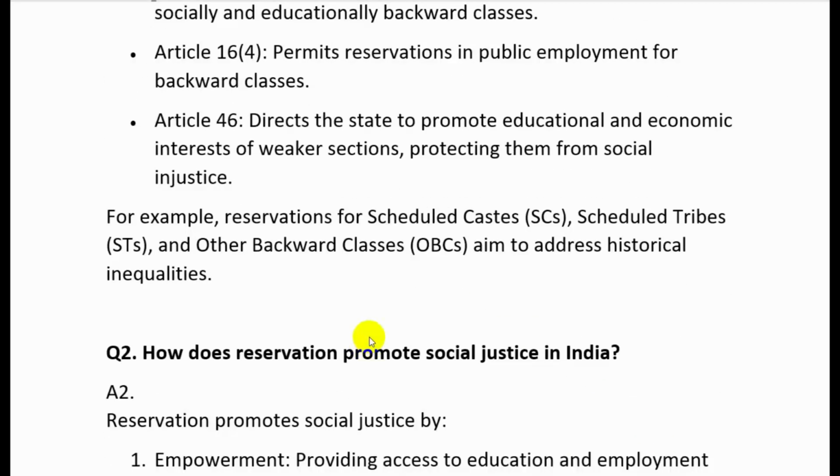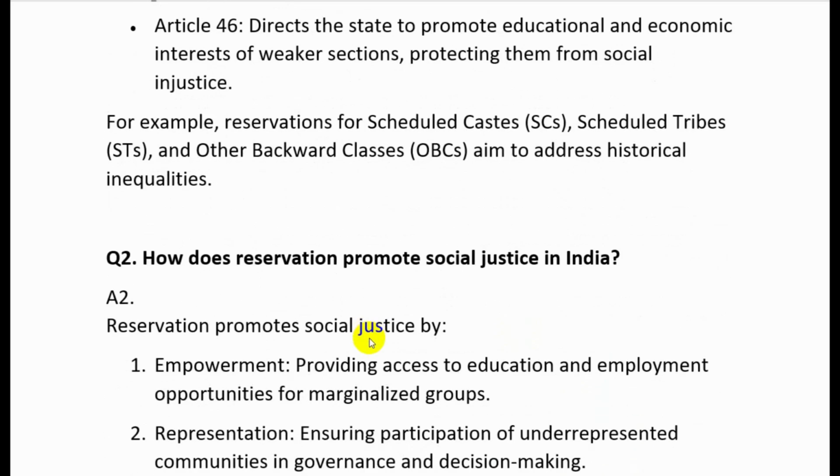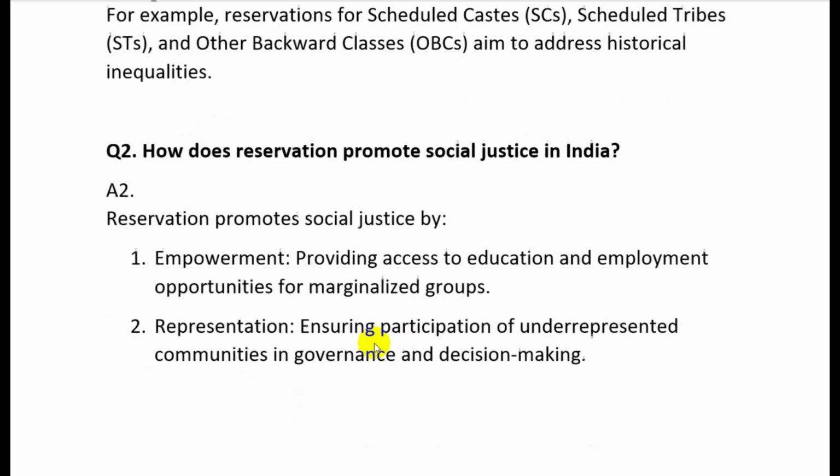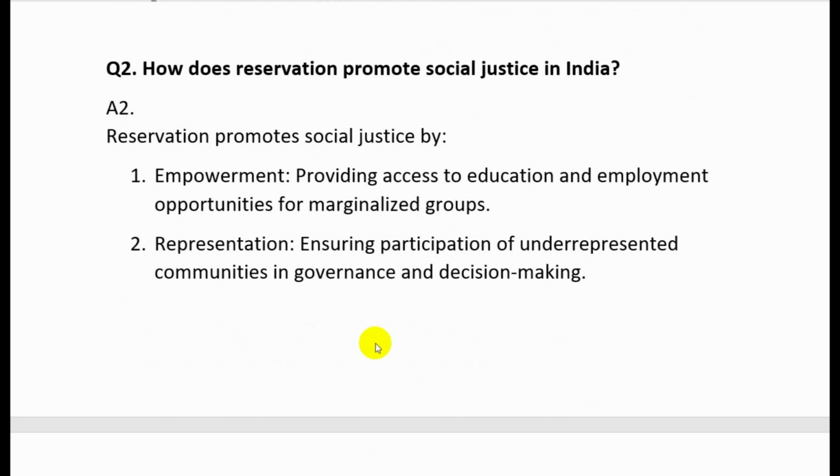For example, reservations for scheduled castes, SCs, scheduled tribes, STs, and other backward classes, OBCs, aim to address historical inequalities. How does reservation promote social justice in India?